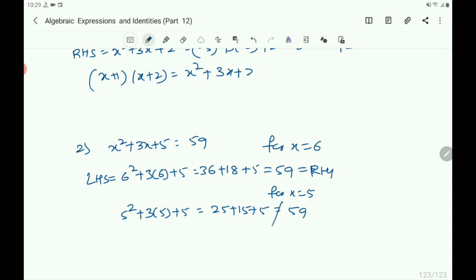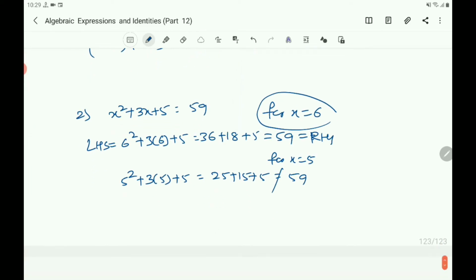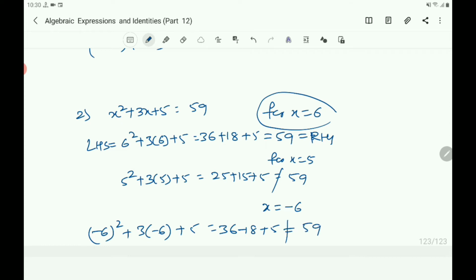Here this equation is true for x equals 6, and also you try x equals minus 6. (minus 6) whole square plus 3 into minus 6 plus 5: (minus 6) whole square is 36, minus 18, plus 5. 36 minus 18 is 18, 18 plus 5 is 23, which is not equal to 59.